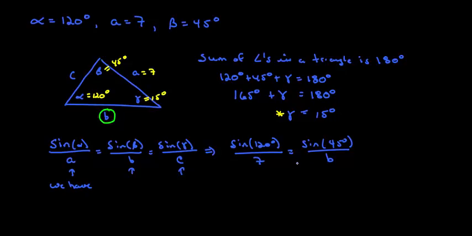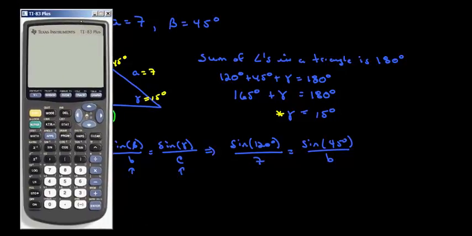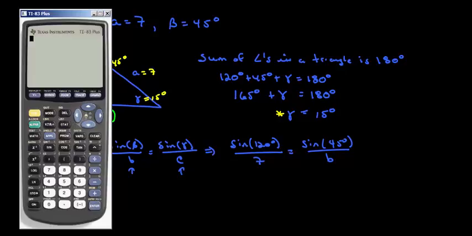There are a couple of ways you can do this. You can substitute in values that you already know from your unit circle, or you can use your calculator. Odds are, when you're solving a triangle like this, you probably want to use your calculator because the angles, even though they are nicely given in this problem, usually aren't. So I'm going to grab our calculator and ask, what is sine of 120?